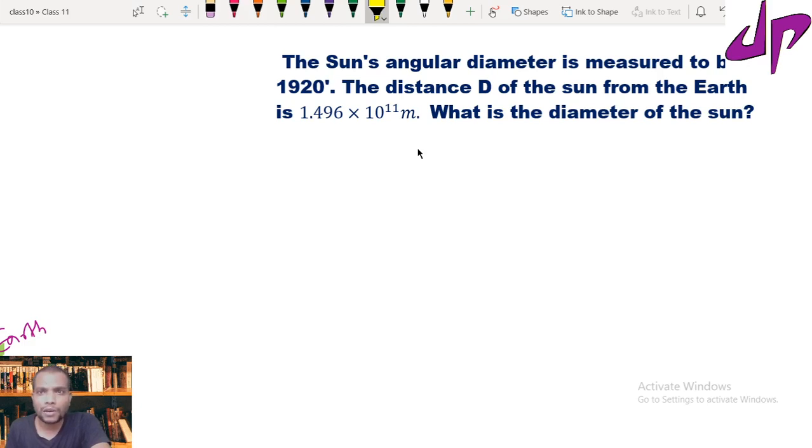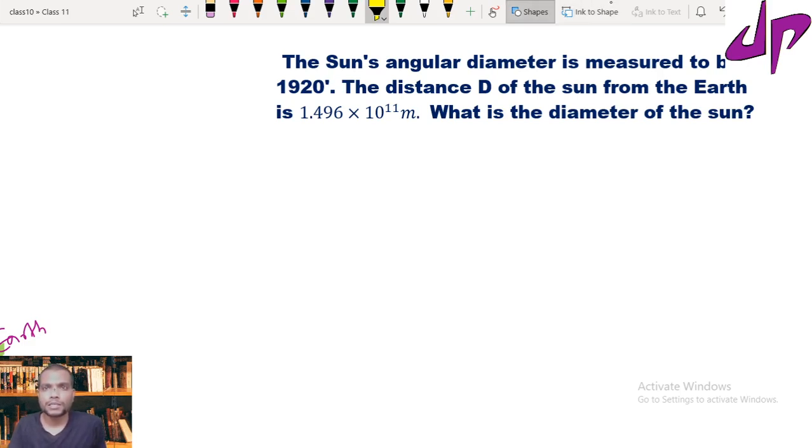The sun's angular diameter is measured to be 1920 minutes, and the distance d of the sun from the earth is 1.496 times 10 power 11 meters. Now what is the diameter of the sun?